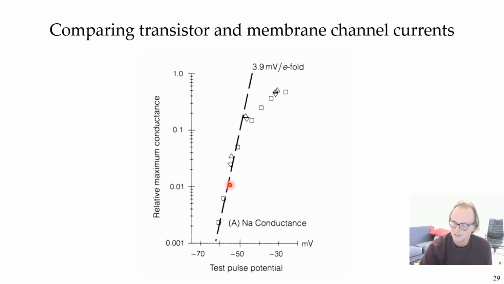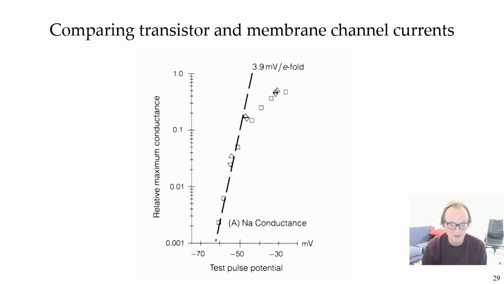And interestingly, very interestingly, the slope of this potential is 3.9 millivolts to change the current by a factor of e. So the current changes by a factor of 2.7 with only about 4 millivolts of voltage change. So it's a very steep exponential. In fact, this is much, much steeper than anything that electronics can achieve.